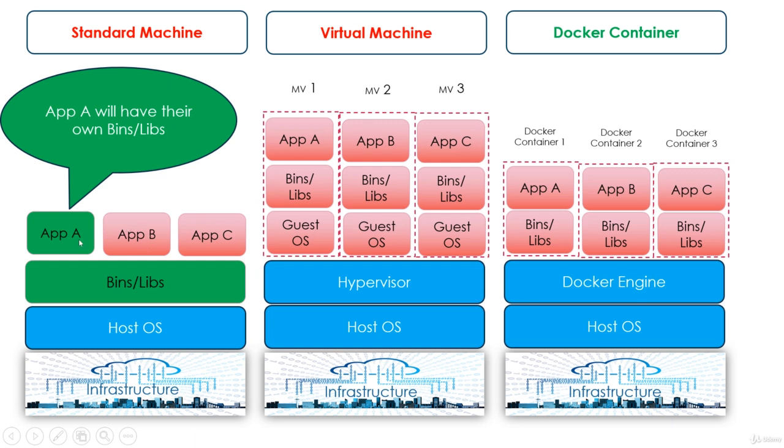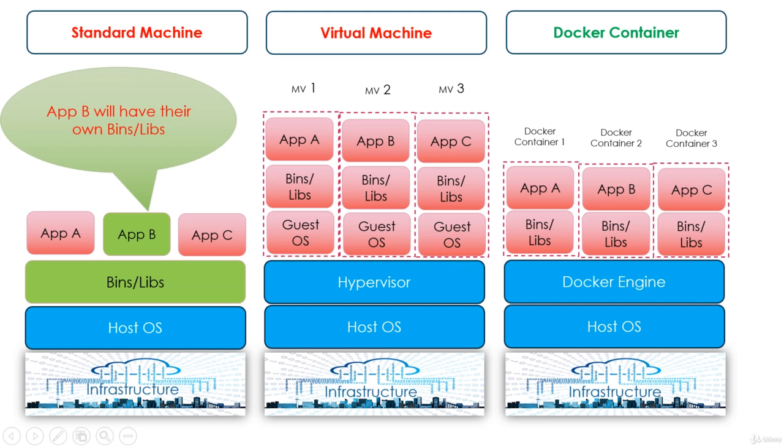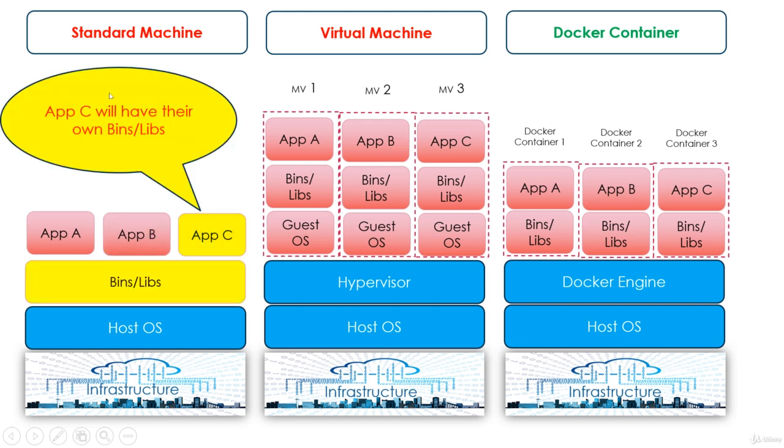So we need dedicated bins and libs for that. For application B and application C as well, we need their own dedicated bins and libs on top of the host operating system. So each and every application will have its own bins and libs, which are not compatible, but they all lie on the host operating system itself.